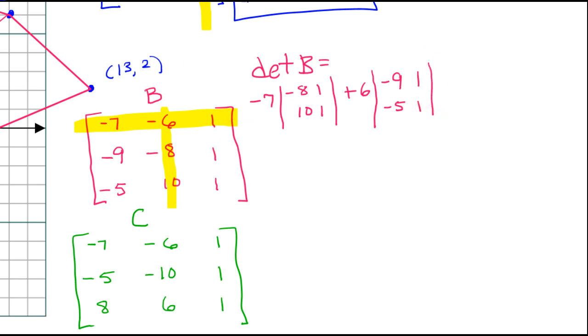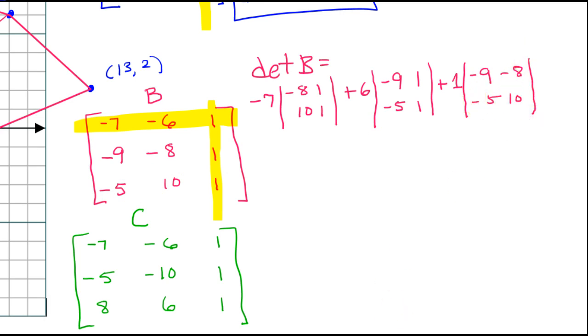Okay, next I move on to the final cofactor of 1. So I will cancel out that column. I don't change the sign for this one, so I do plus 1, there's my cofactor, and now the minor is negative 9, negative 8, negative 5, and 10.